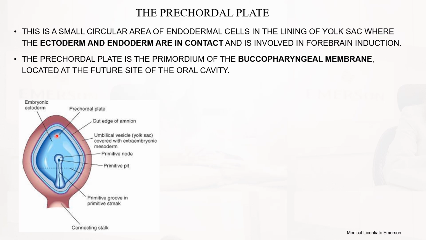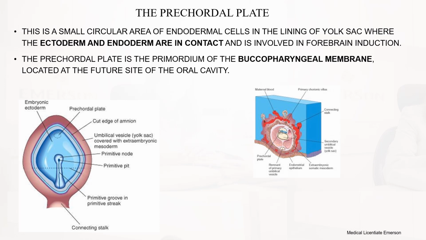Then this same precaudal plate is the primordium of the buccopharyngeal membrane, which will be located at the future site of the oral cavity. This is just what we are saying here. Okay, let's proceed.